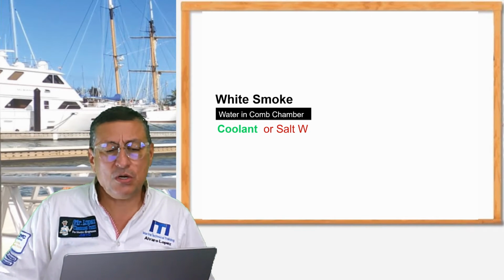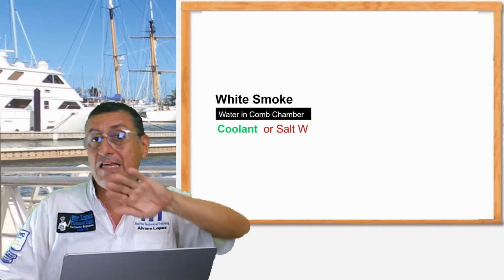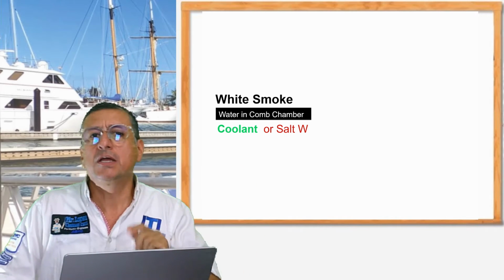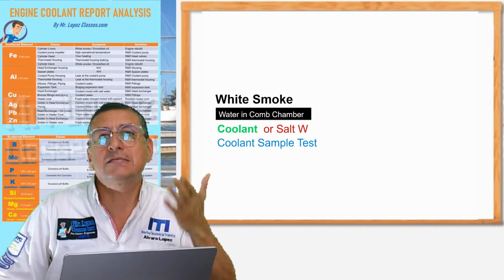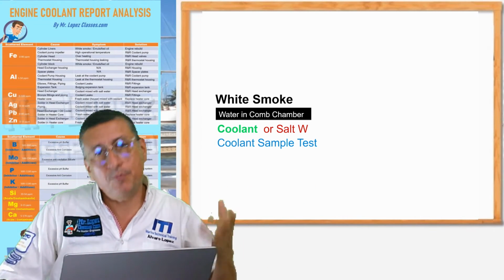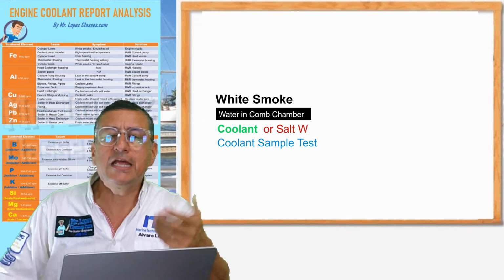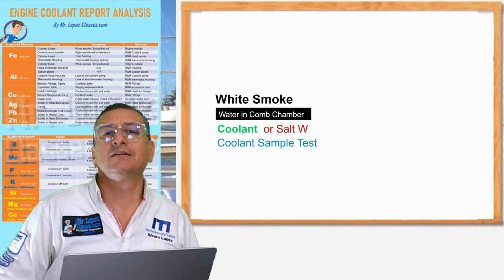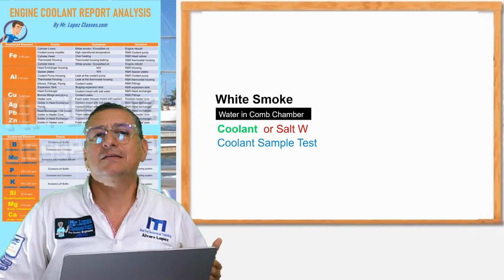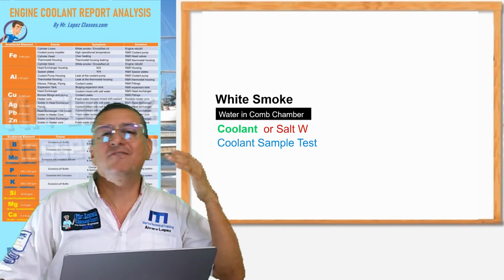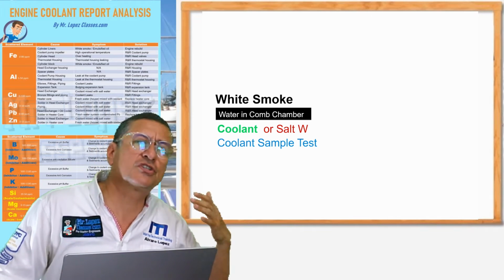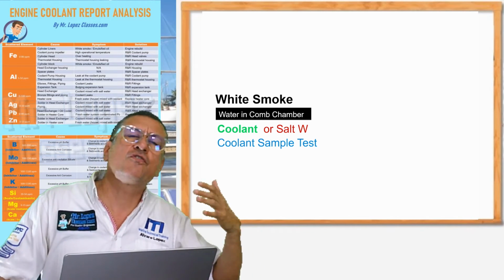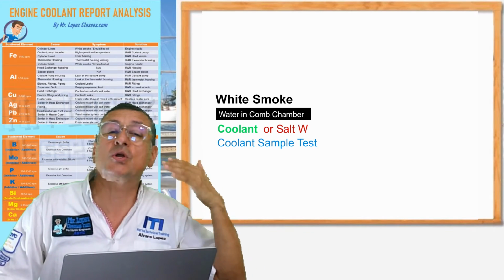But in order to isolate the problem, whether it is coolant or salt water, we need to check some elements. Of course, we need a coolant sample analysis. Take a sample of coolant, send it to the laboratory, and use the poster to analyze the elements: do I have an excessive amount of phosphorus, sulfur, sodium, calcium, fluorine, or chlorine?